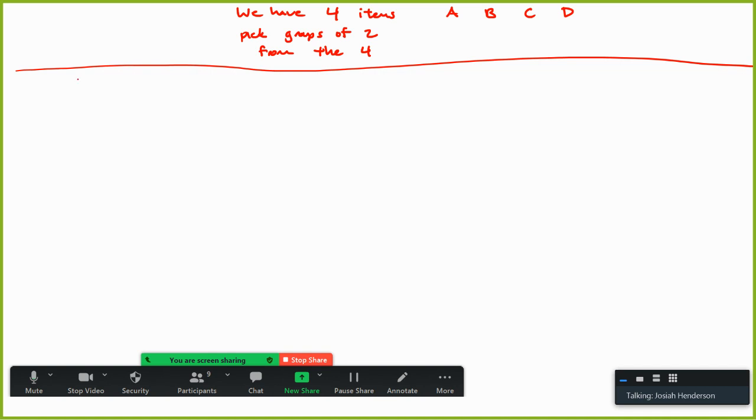So let's start by doing the permutation formula, and then on the right we'll do the combination. Permutation, and then over here we'll do combination.